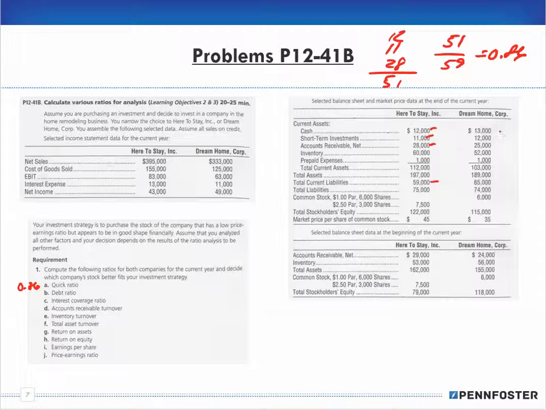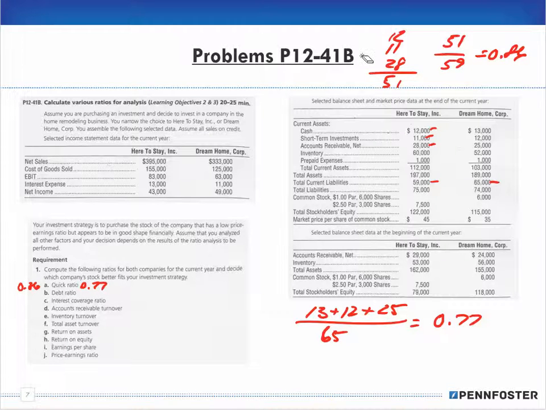And then for Dream Home, we have 13, 12, plus 25, and that's going to all be over the 65 here. And that's going to give me 0.77.